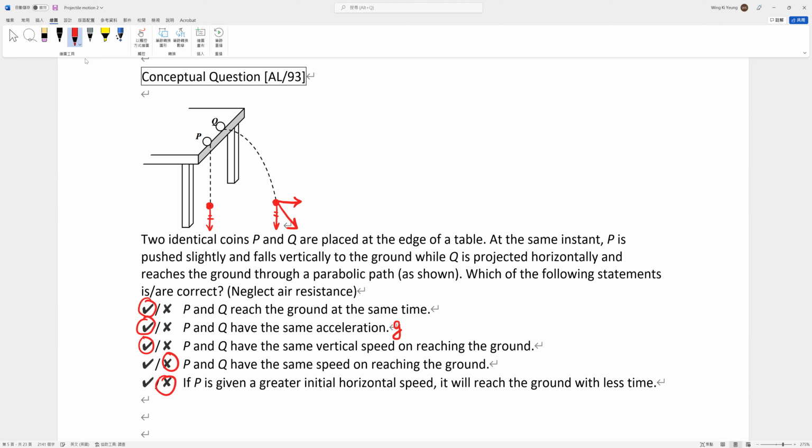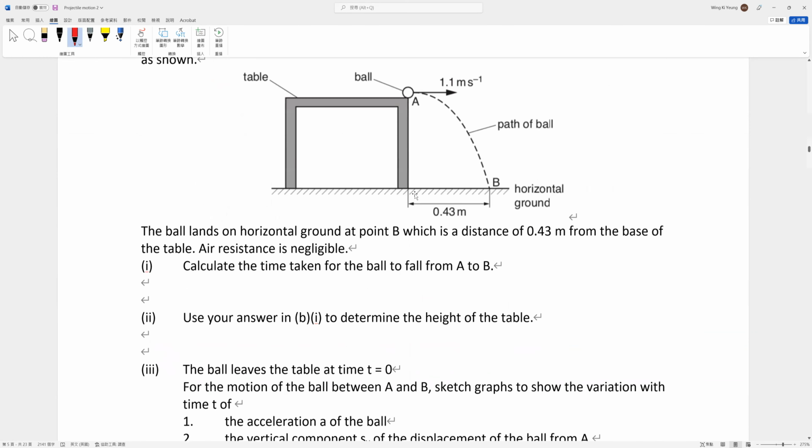No. Even if it has a larger horizontal speed, it still has the same vertical motion as P. So the answer should be true, true, true, false, false. Okay, let's move on.